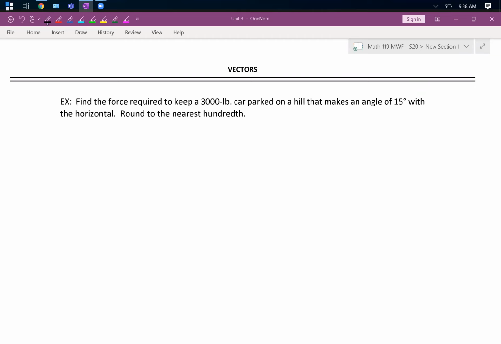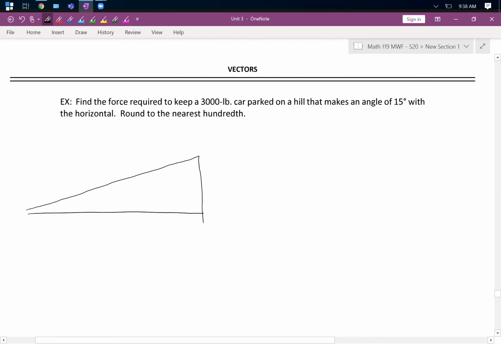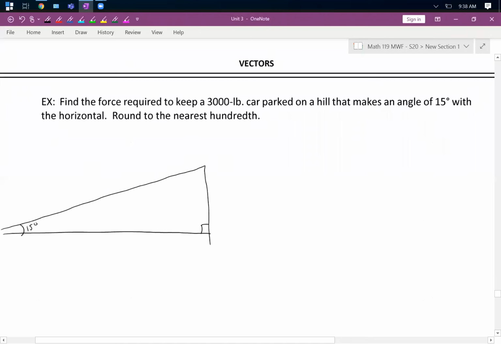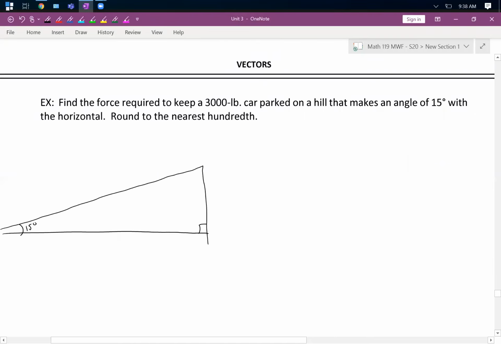All right, so we'll start with our picture, something that's on an incline. We have a 300-pound car parked on this hill. I'm sorry, 3,000-pound car parked on this hill.